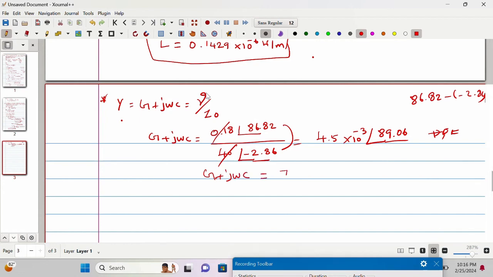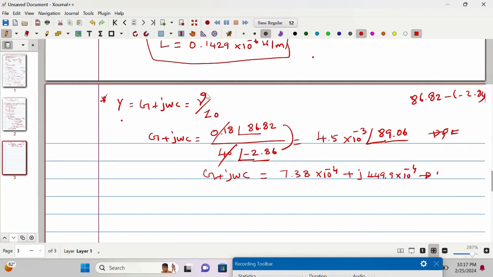So in the rectangular form, we get 7.38 into 10 to the power of minus 4 plus j into 4.49 into 10 to the power of minus 4. By using the calculator, you can convert polar form to rectangular form.